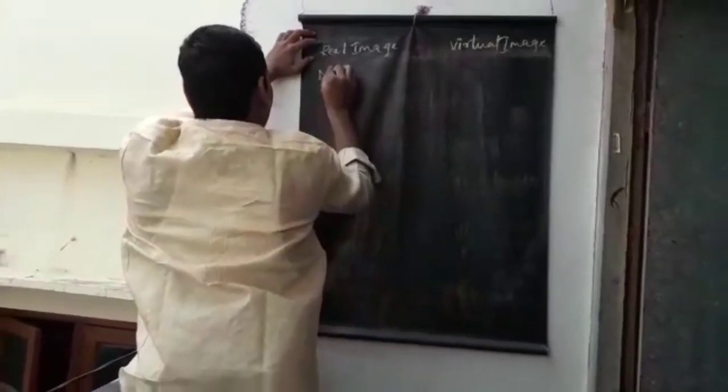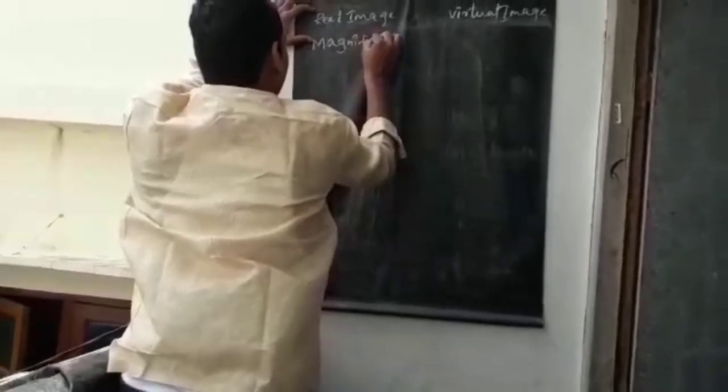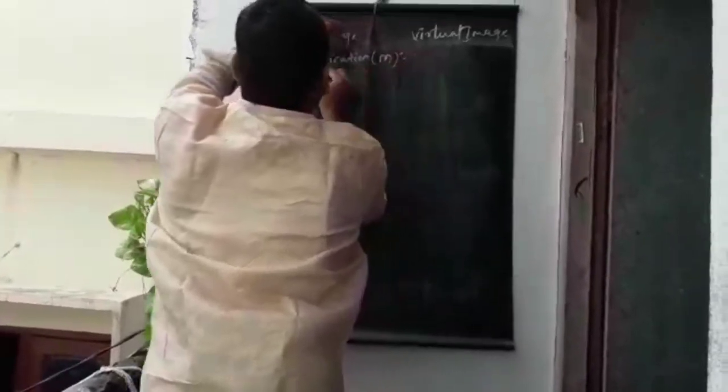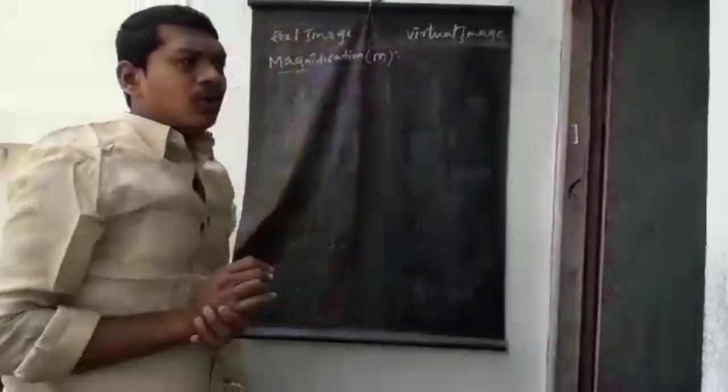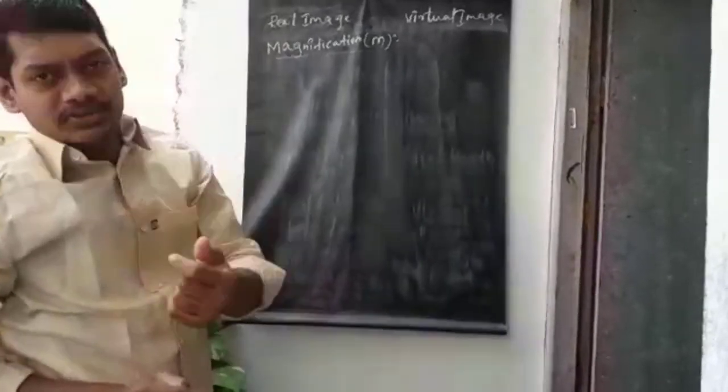Next concept is magnification. It is denoted with a small m. So what is magnification? The height of the image per the height of the object.